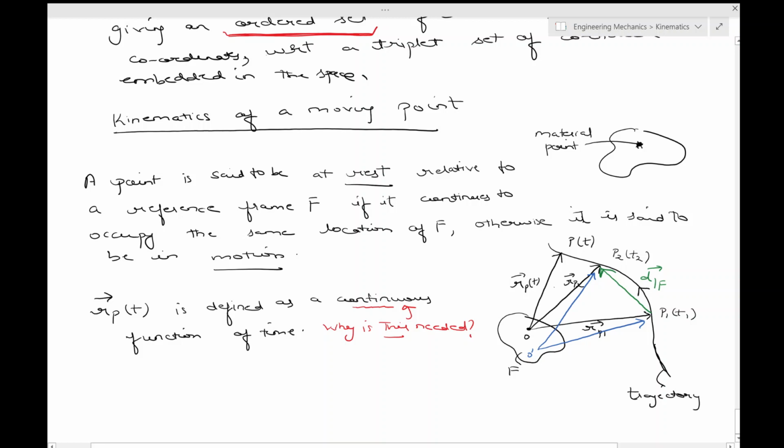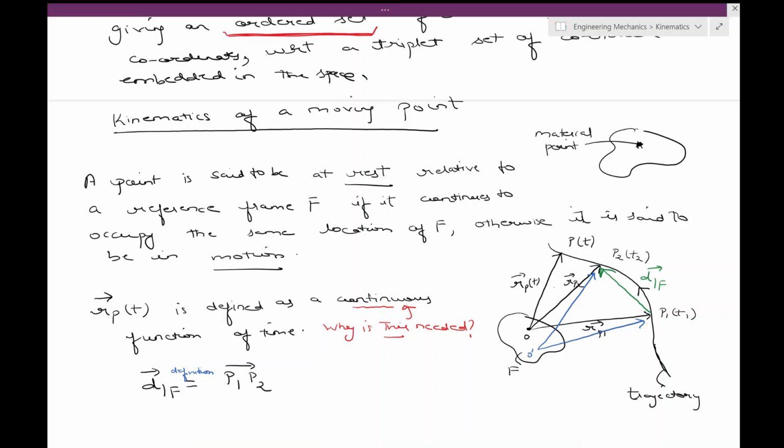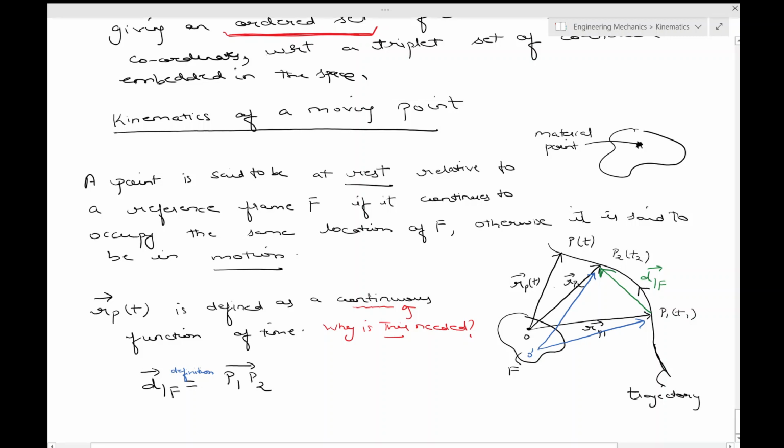So the displacement in the frame F is P1 P2. This is actually a definition. Remember there were axioms, and remember that there were defined entities. So I am defining this displacement over here.